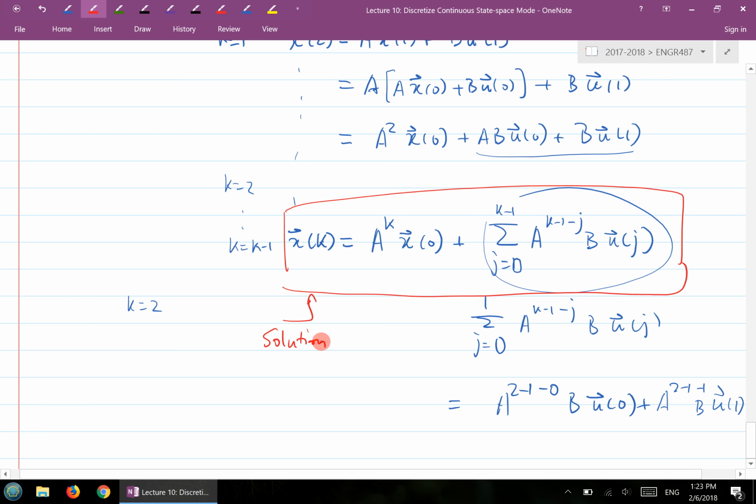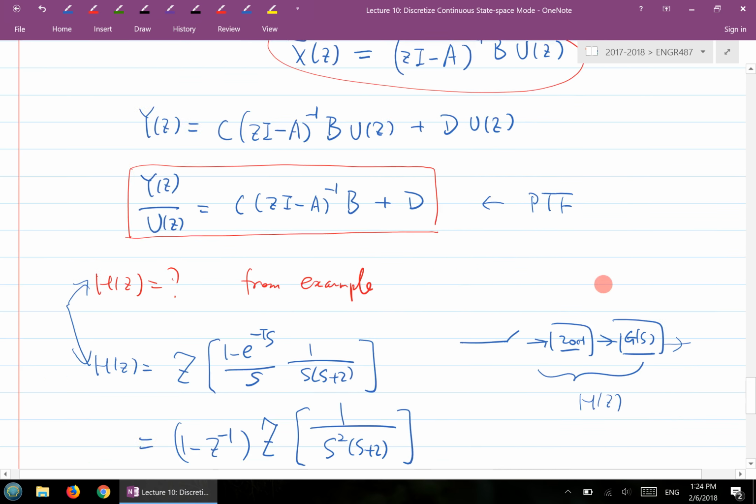Now from this solution, there's a very important observation, a very important matrix here, which is this matrix. You see this matrix, A to the power of k, is the coefficient for x of 0, right?